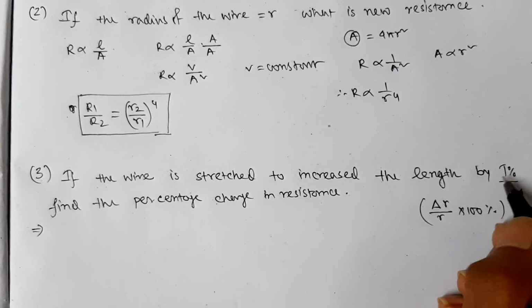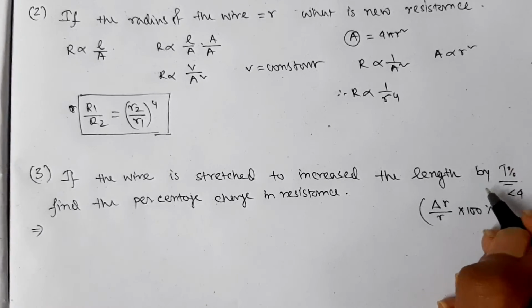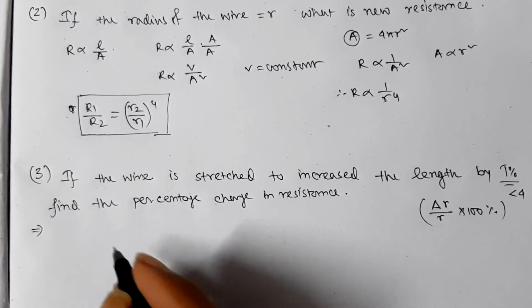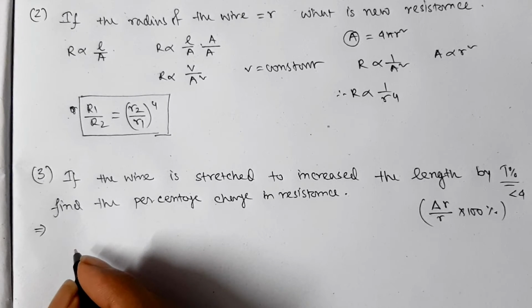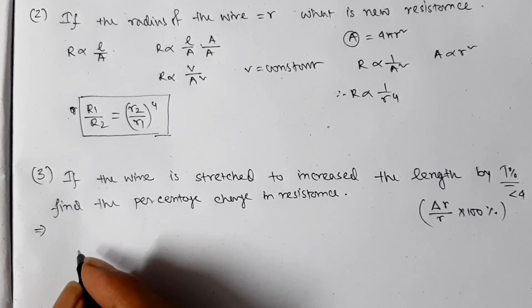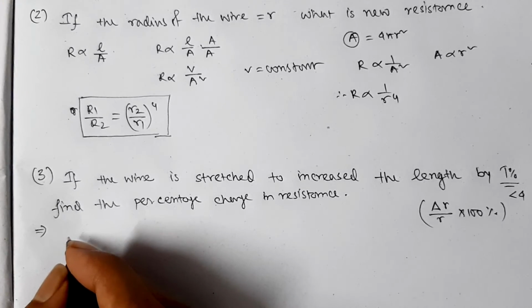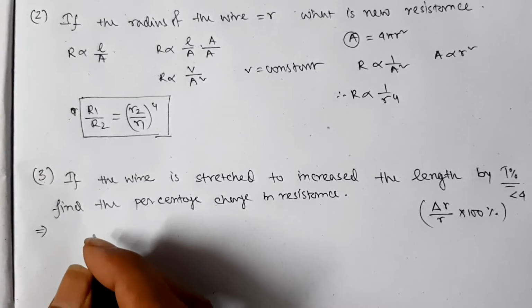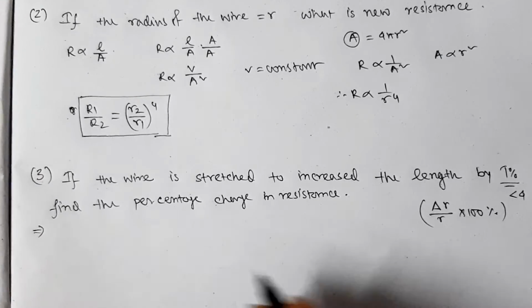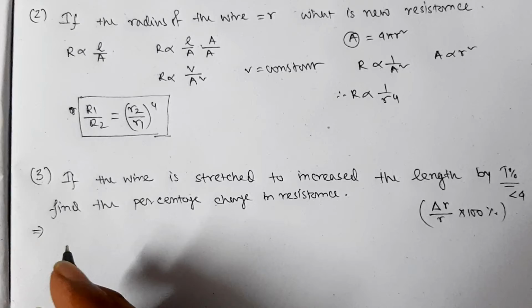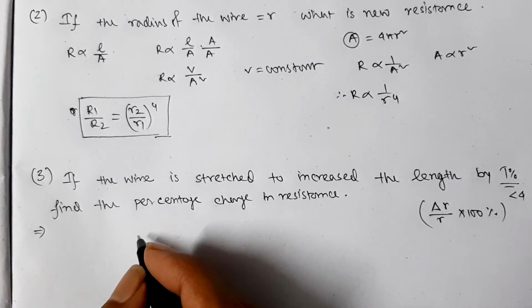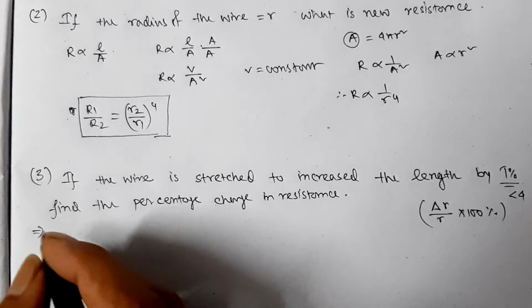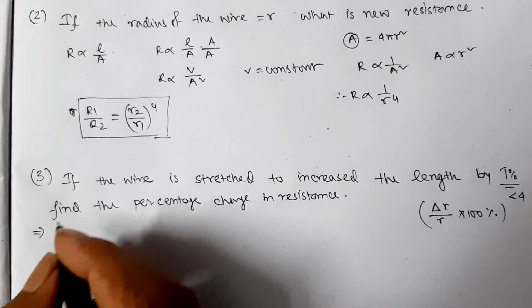If this value is more, like 10% or 20%, then we do not use this method, because some error occurs, an error of 0.1 to 1% between 4 to 10% increase of length, so we do not get the exact value and we will not follow this. If so, we will do the math in the next question, where the increase of length will be 10%. Now we will do it by 1%.